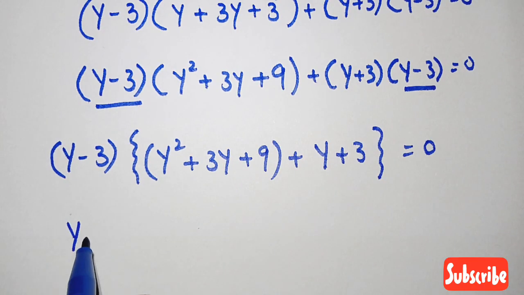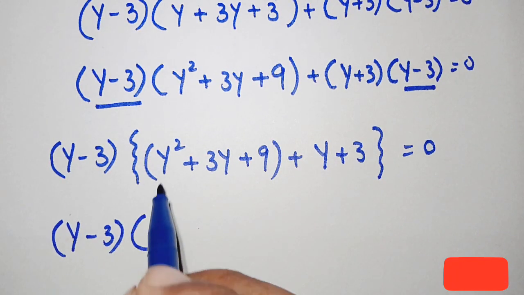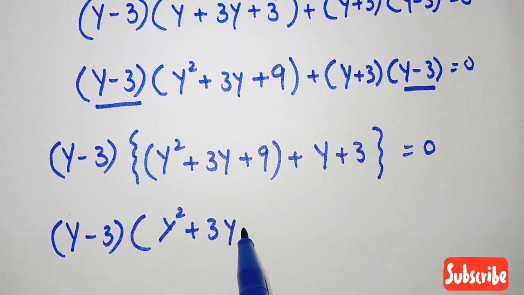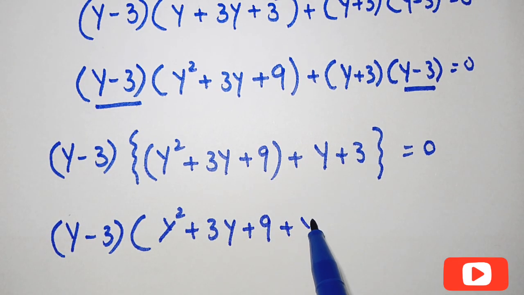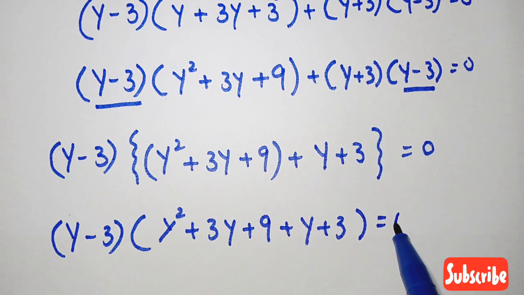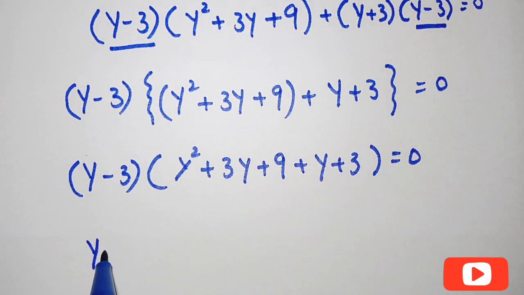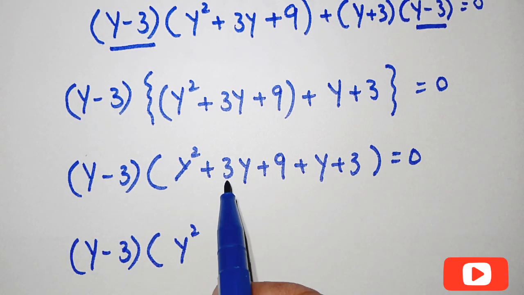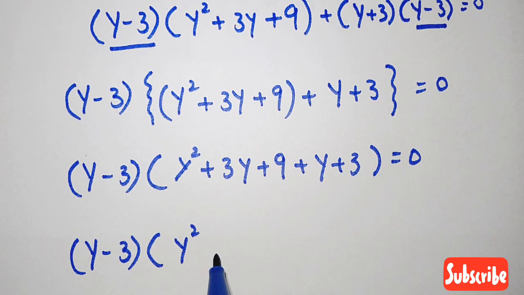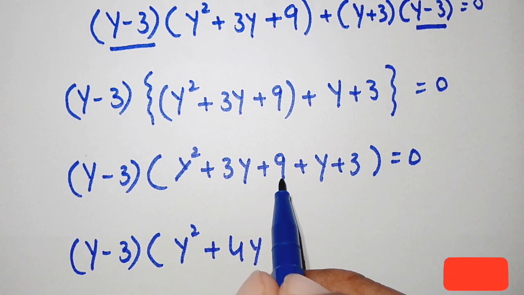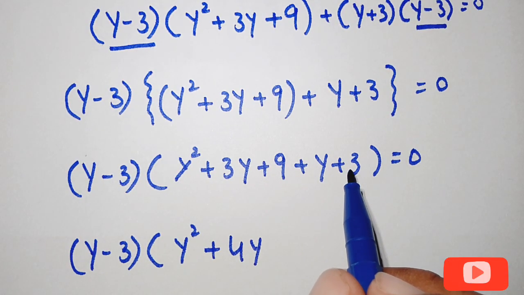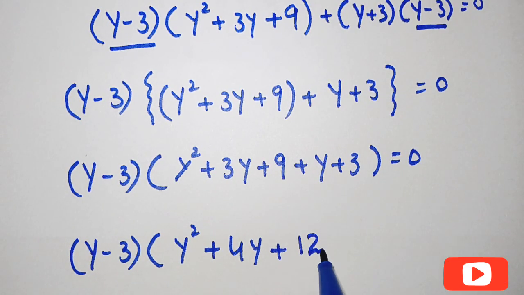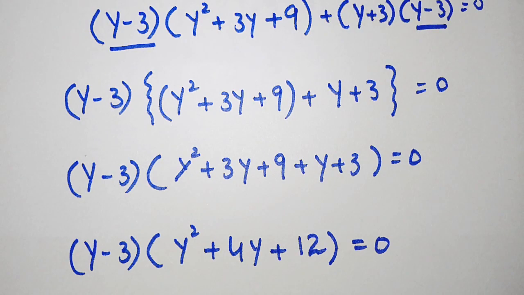So (y minus 3) times (y square plus 3y plus 9 plus y plus 3) is equal to 0. Now 3y plus y will become 4y, and 9 plus 3 is equal to 12. So this is (y minus 3) times (y square plus 4y plus 12) is equal to 0.